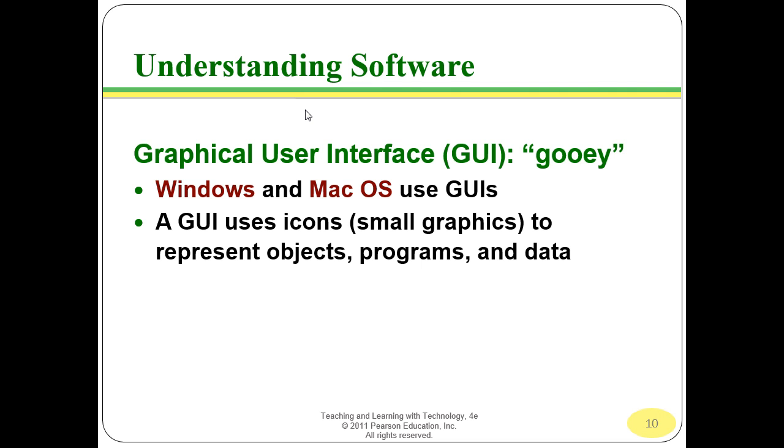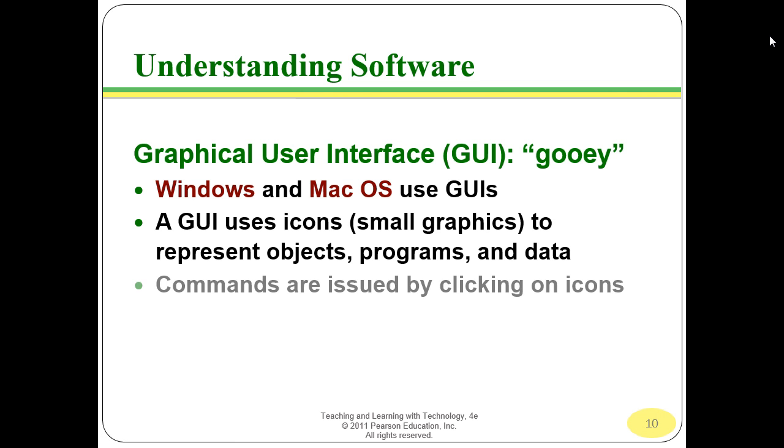And so instead of having a bunch of text right there that would tell us what was in those files or those applications, we see pictures. And let's face it, we're pretty much visual learners anyway, for the most part. So this works a whole lot better for people.